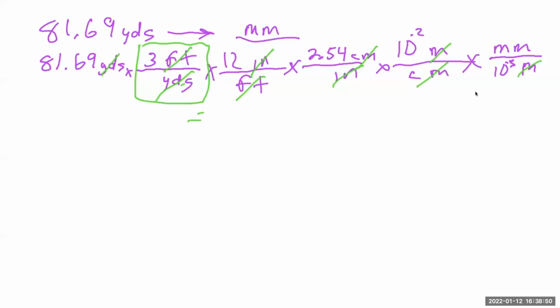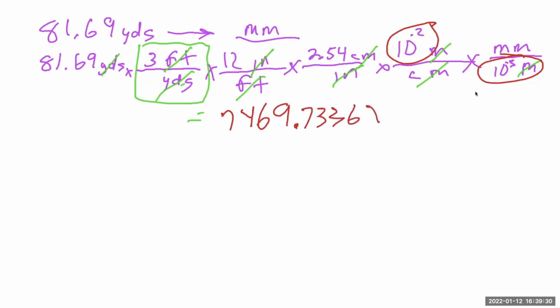Usually what I do is I save the exponents to last. So here's my exponents. And then we do all the numbers. So 81.69 times 3 times 12 times 2.54 equals 7,469.7336.